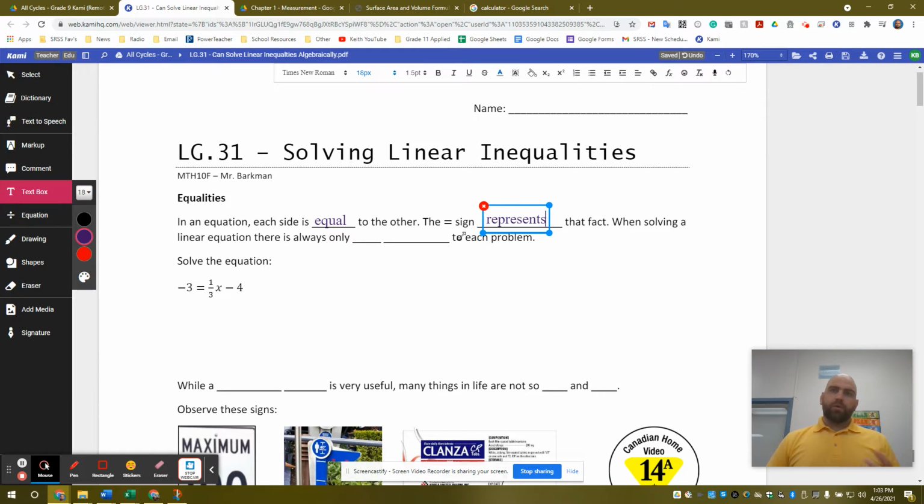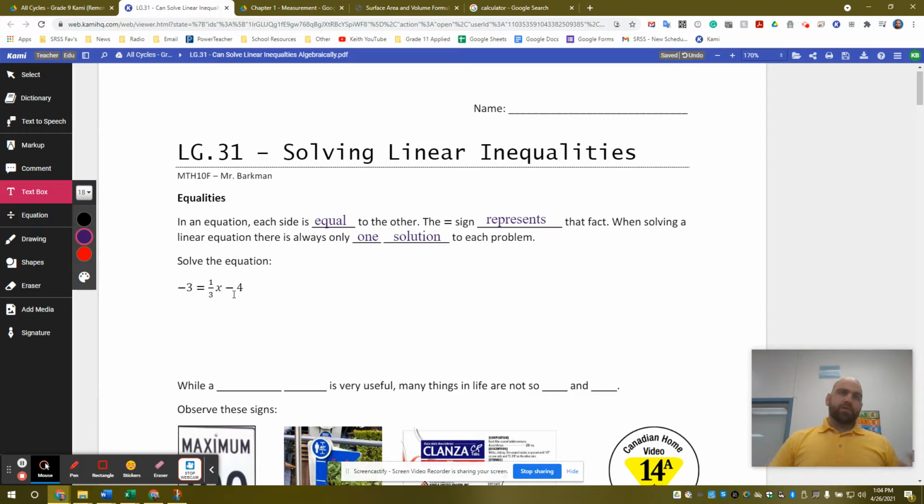Now, when solving a linear equation, there is always only one solution to each problem. There's going to be one individual solution that is correct. Everything else is not correct. So there's one unique solution.